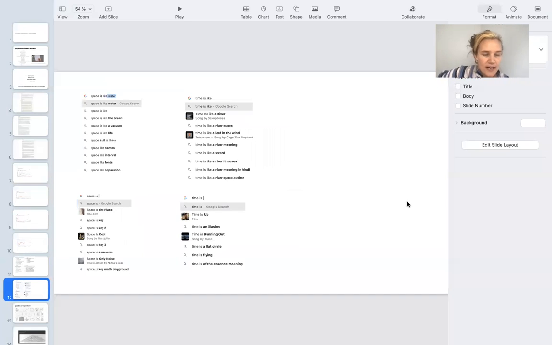I did some more with space and time, the differences between "space is like" and "space is". And then for some reason songs and movies started coming into my search. I have no idea why, but that's what happened. So I encourage you to play around with that yourselves and see what comes up.